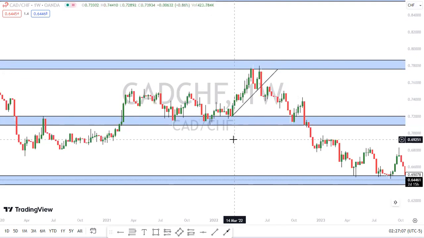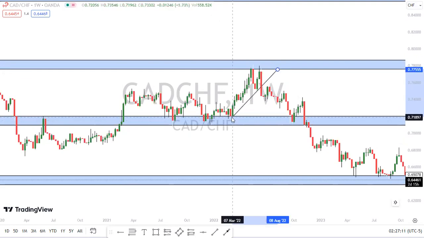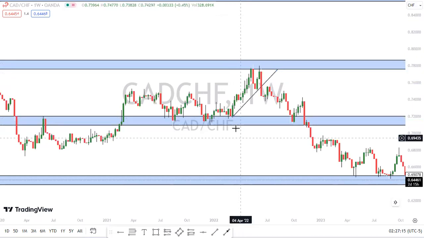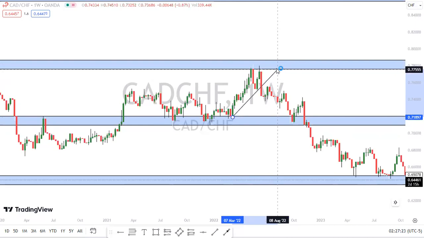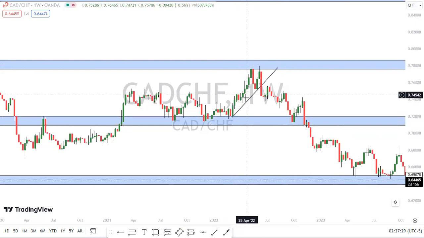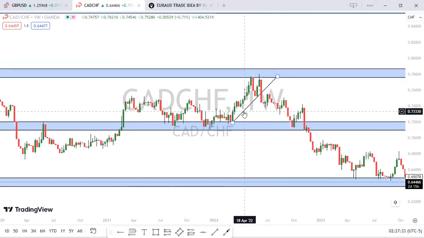You can start from the shadow if there is a shadow. If it's a body, you can start from a body. If you get the first and the second touch like this, it's okay. You don't need to force it. You need to catch the first and the second touch like this. Then you can take it all the way to the upside. So anyway, you see the market break, so it's not good.